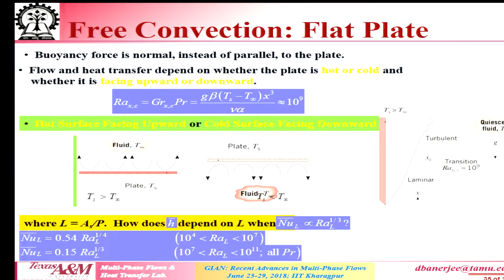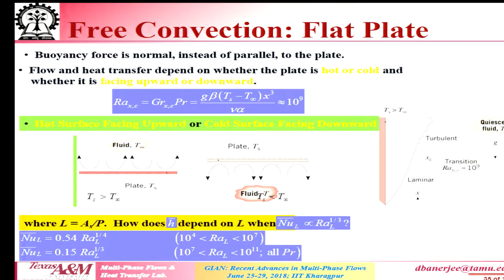And then coming to free convection, when you have a hot plate facing up or a cold plate facing down, instead of the Reynolds number we talk about in a flow, in a situation like this we talk about the Rayleigh number.